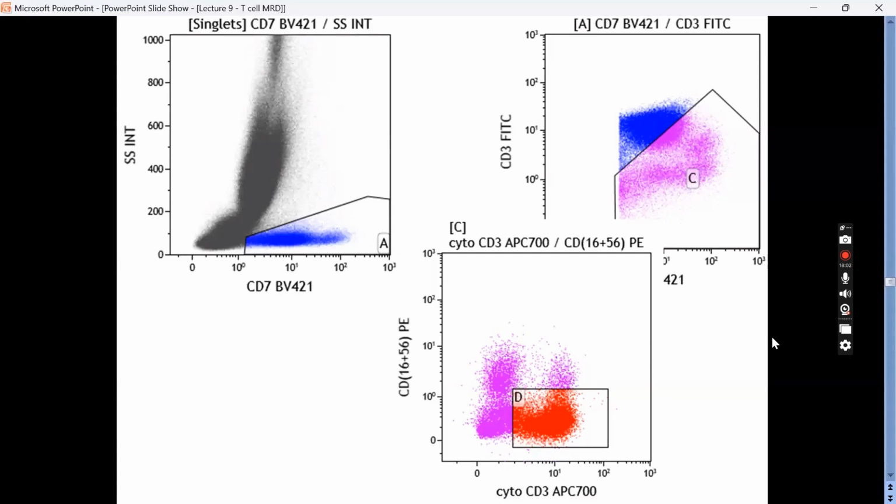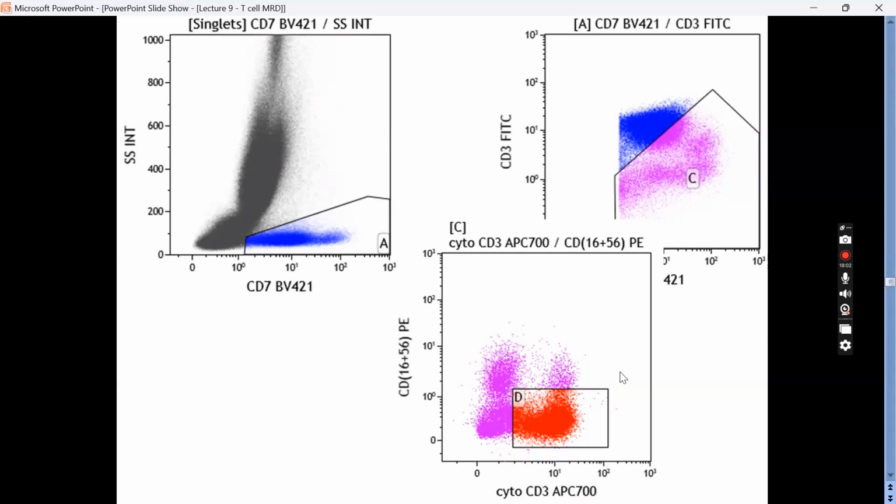One more important point I want to highlight is CD45 intensity in the T cell MRD population. You see the CD45 intensity is bright in almost 30% of the cases. So never ever eliminate a population because it is showing CD45 bright.